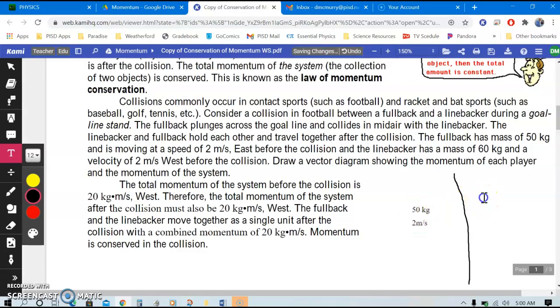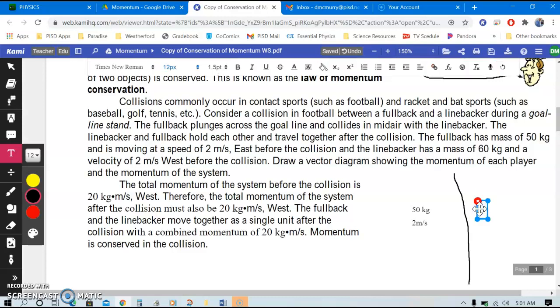On the other side of the line, we have a linebacker who has a mass of 60 kilograms, and he is also going 2 meters per second.